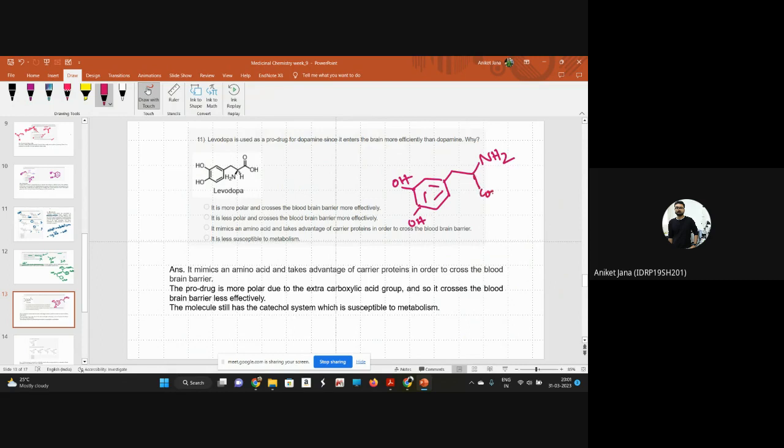Some carboxylic acid moiety is present here. So if this is the drug, this is levodopa. If dopamine is the drug, then what is the common term we can use for levodopa? Prodrug.